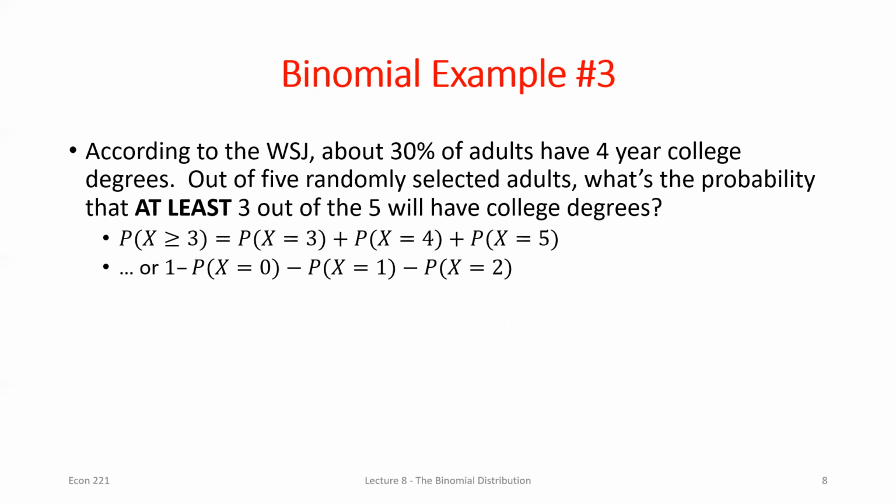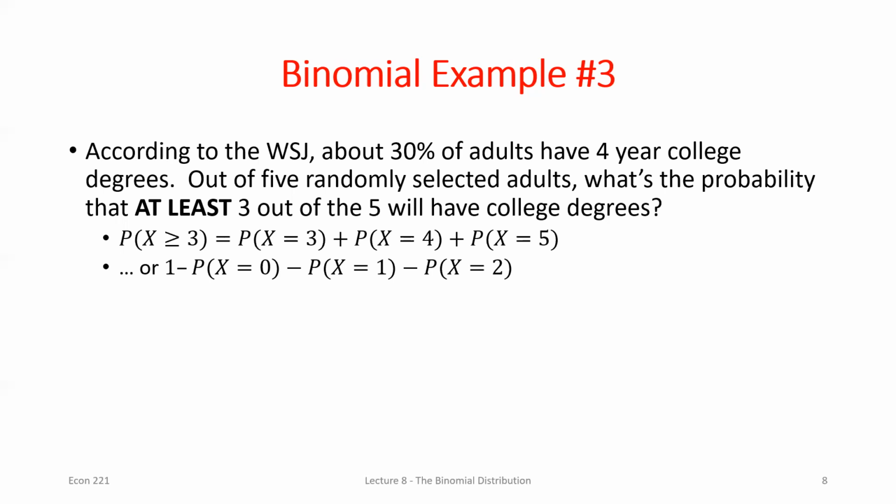Now here, that wouldn't help us out, right? So let's think about this is my event A. What's another way I can find the probability of A? Just 1 minus the probability of its complement. Well, what's the complement of being greater than or equal to 3? X is less than 3.